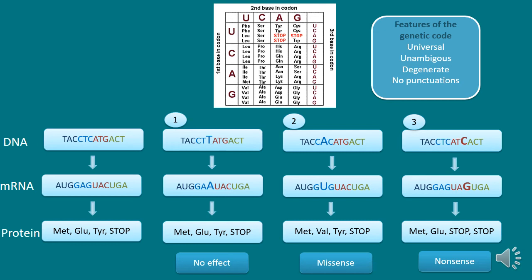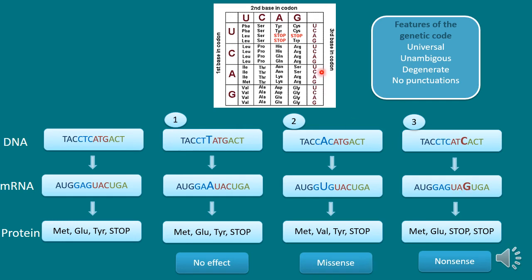In our third example, guanine is replaced or substituted with cytosine. So what is the effect of this DNA mutation on mRNA? In the normal mRNA molecule, the third codon is UAC and it has called for tyrosine. But in the mutated version, the third codon is UAG.